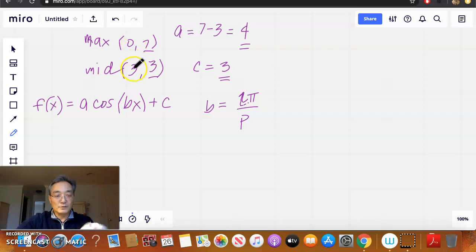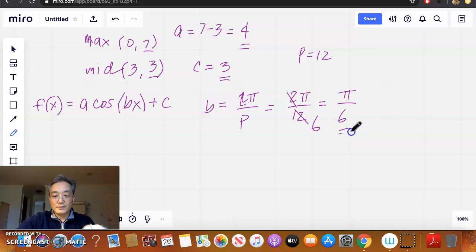So the difference of 0 to 3 is 3. So multiply that by 4. Our period is 12. So therefore, our frequency is 2 pi over 12. And if we cancel the 2 and the 12, 2 goes into 12 6 times. So it's pi over 6. Okay, and that is our frequency.